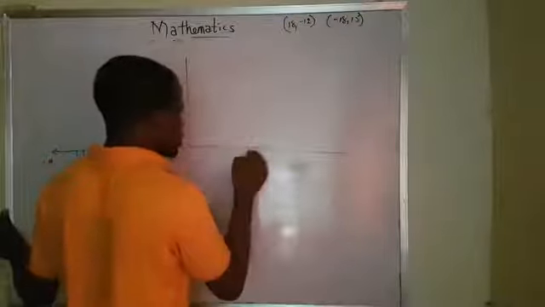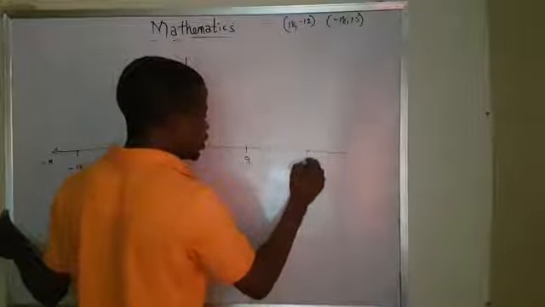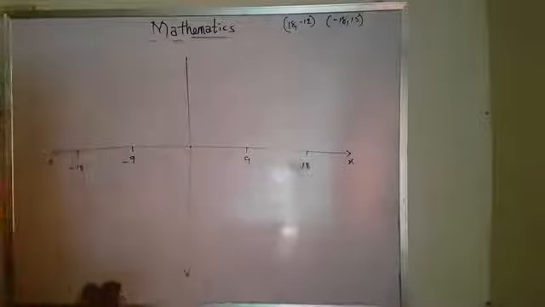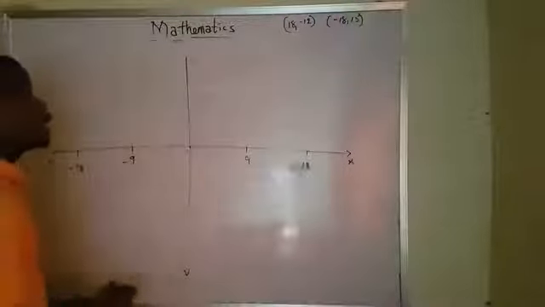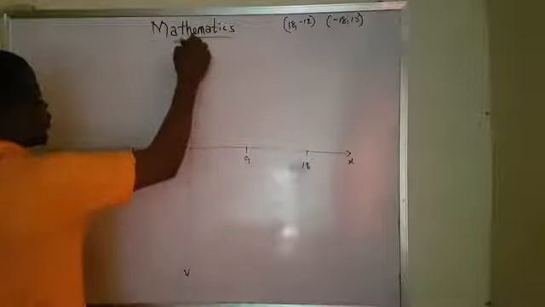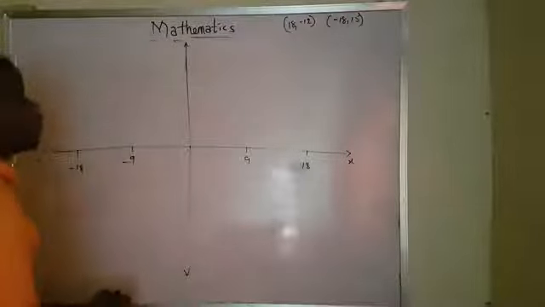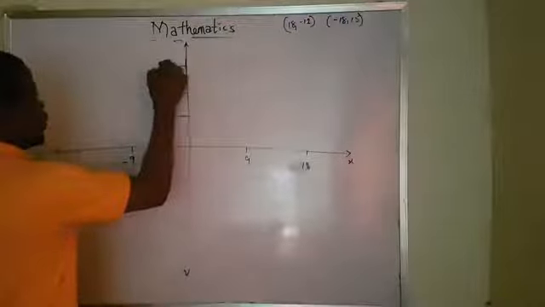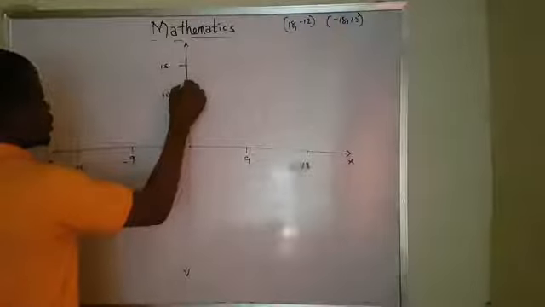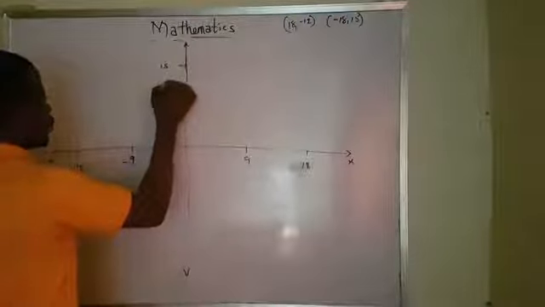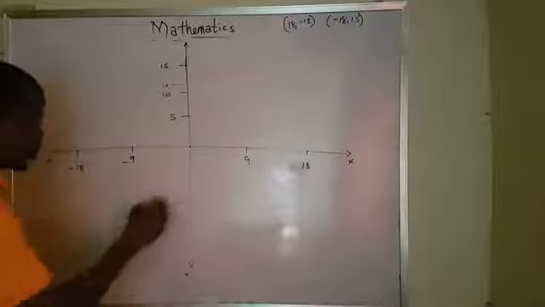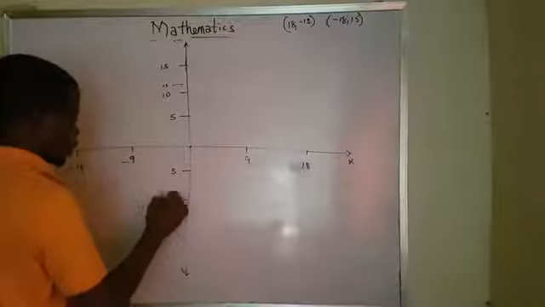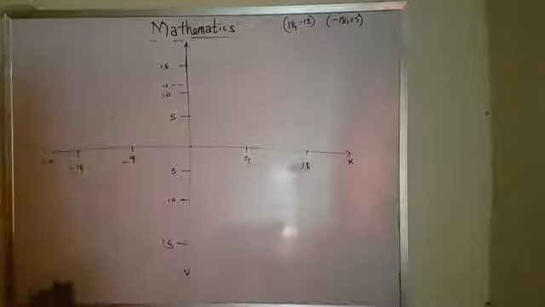This is 9. This is 18. Of course, this is the plus x. And down here, I need minus 12, right? So I can go 5, 5, 5. So I have 5, 10, 15. Take that place as 12. Here, I have 5, I have 10, I have 15.